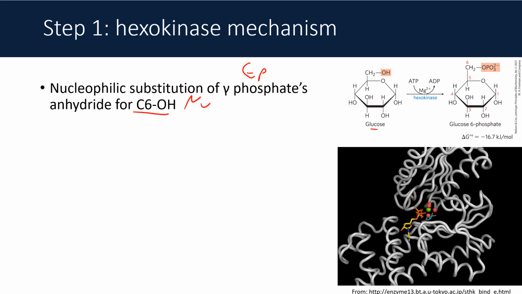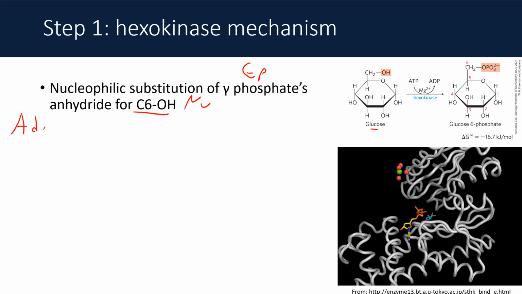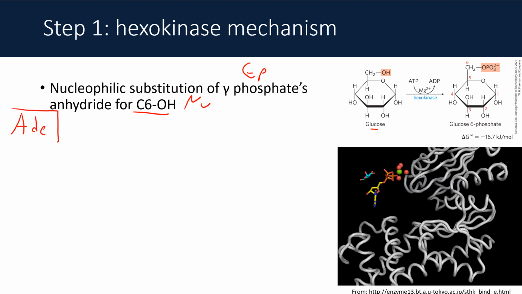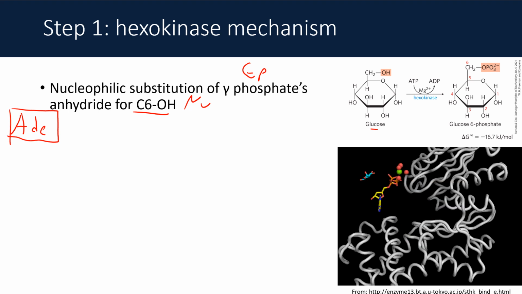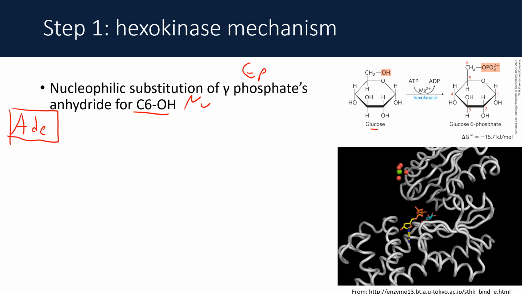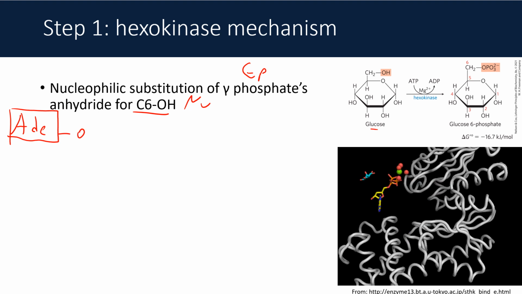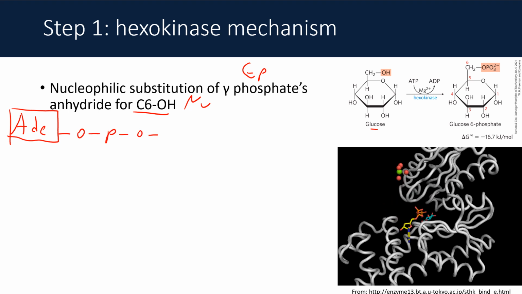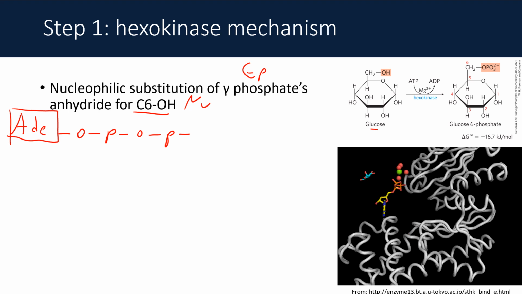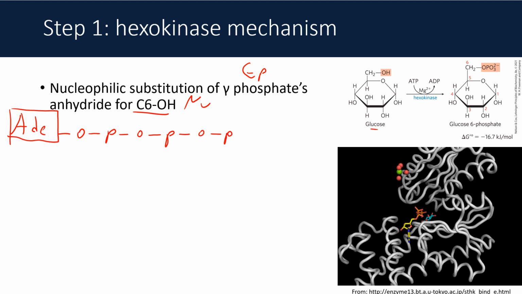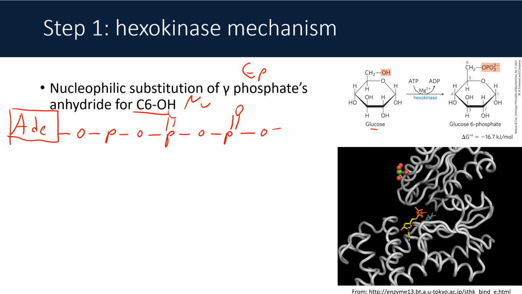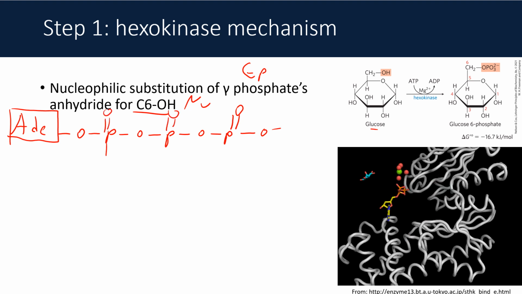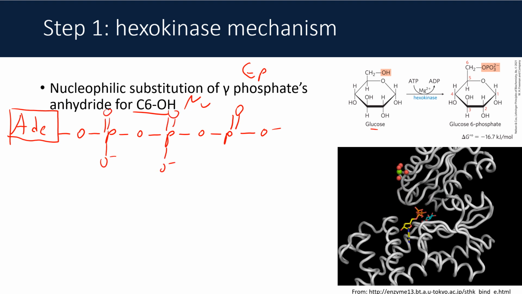I will start by drawing out our ATP unit. I will symbolize the non-reacting adenosine base as ADE in a box. And then I will draw out the triphosphate moiety explicitly. I will add in several oxygens.